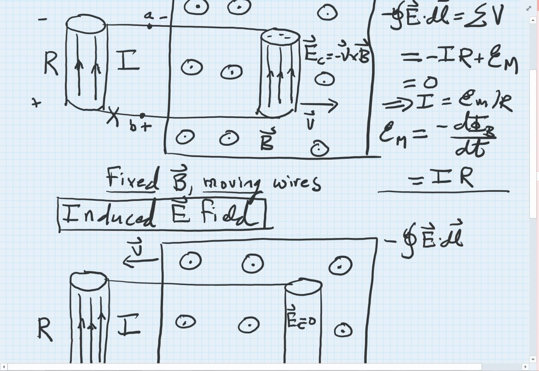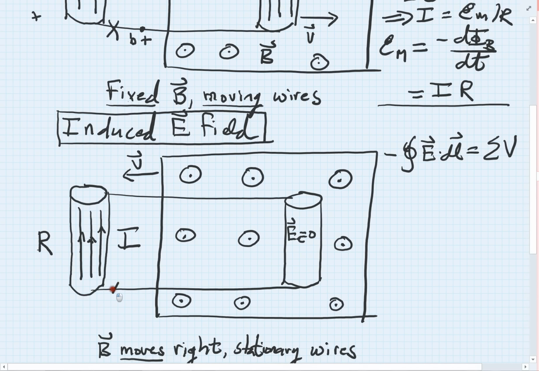This again amounts to a sum of voltage changes, or contributions to that line integral, as I go around my path. Once again, if I start down here and go counterclockwise through my circuit, as I go through my resistor, that's going to be a drop in potential, a negative voltage going downstream with the resistor. So the beginning parts of this are the same. I get minus IR.